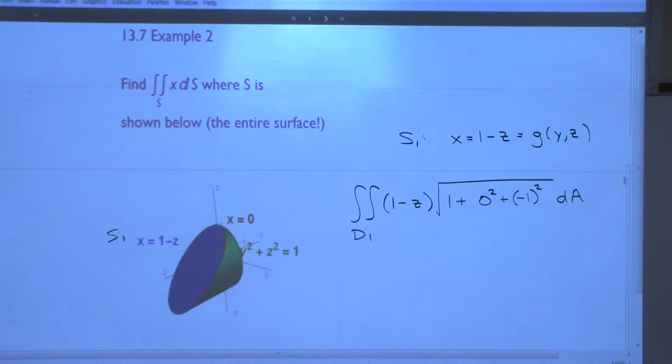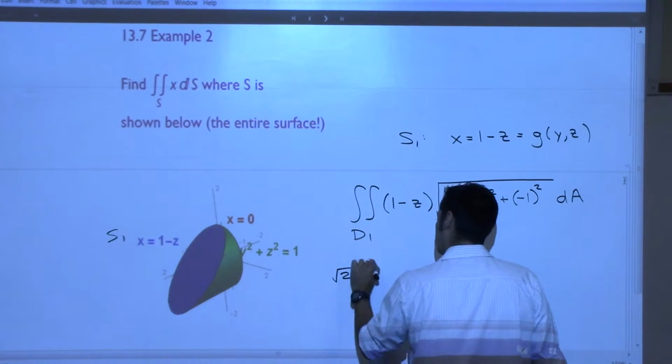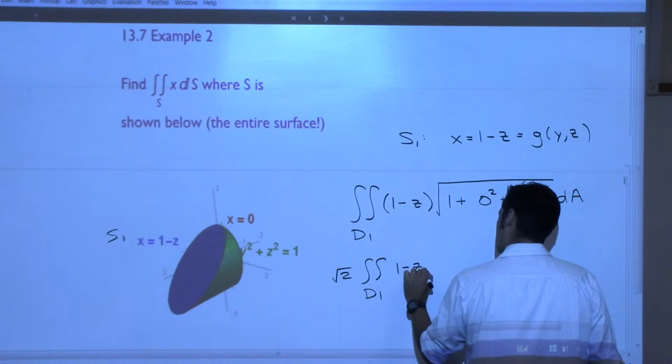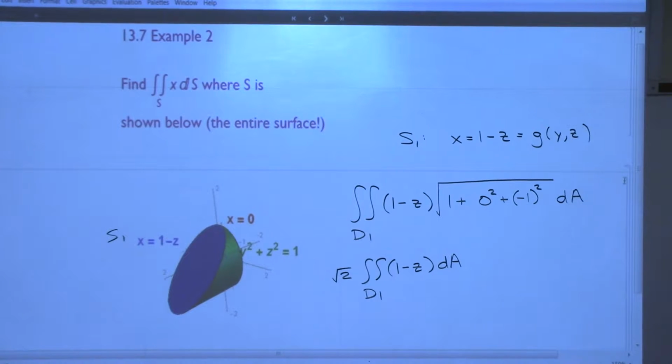Which is root 2. Take that out of the double integral. Root 2 double integral over D1 of 1 minus z dA. Now, this is a critical juncture we're at here. Does anyone have any questions on what I've done thus far?